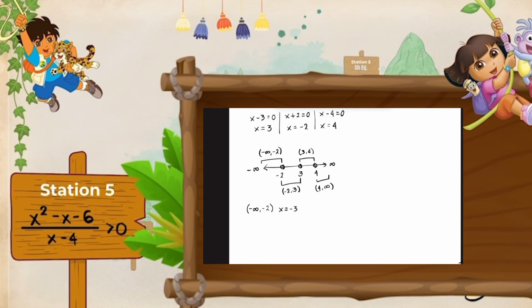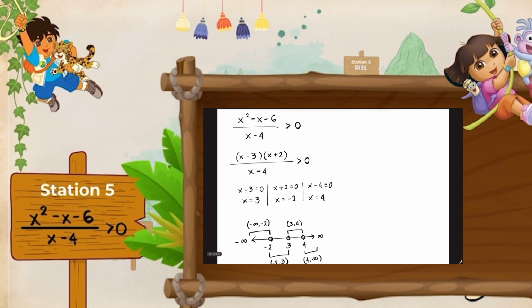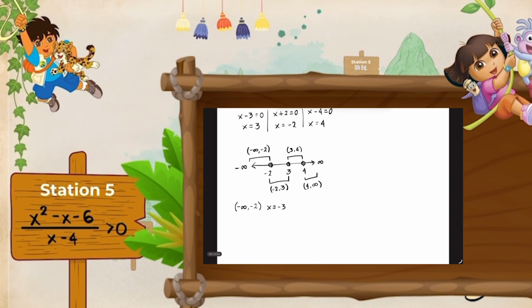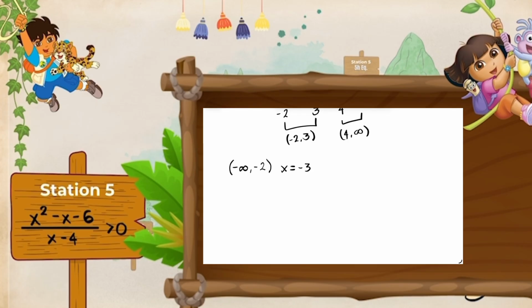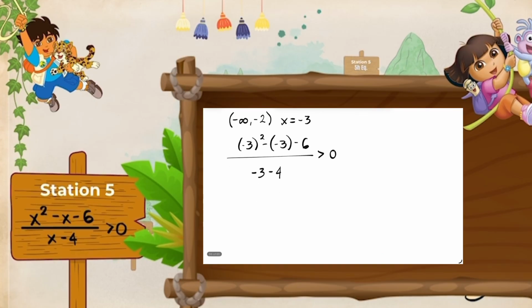So we're going to change the x in the equation into negative 3. We'll have negative 3 squared minus negative 3 minus 6 over negative 3 minus 4 is greater than 0. Negative 3 squared is 9. Negative negative is positive.